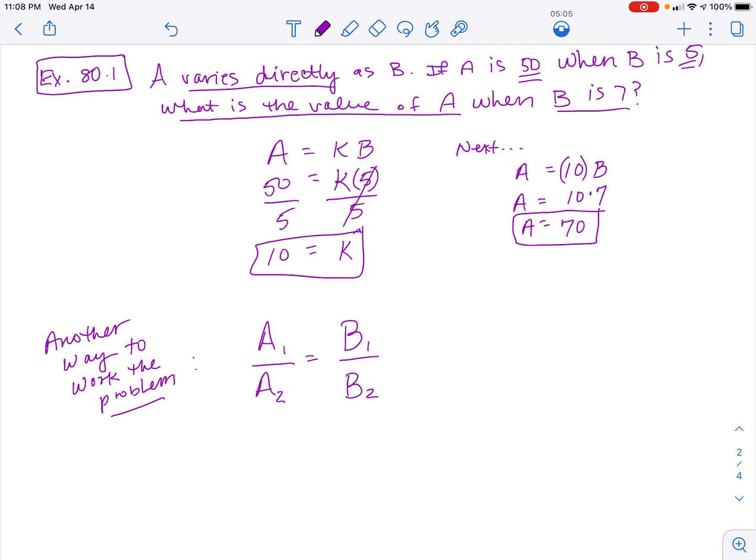So let's look and see how this would work out using the problem above, 80.1, where A varies directly as B. And if A is 50 when B is 5, what is the value of A when B is 7?